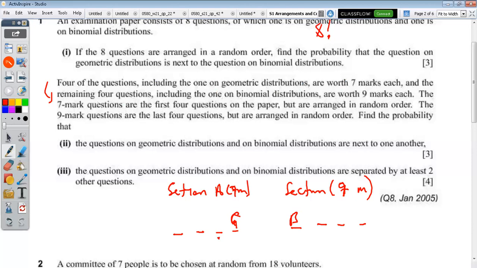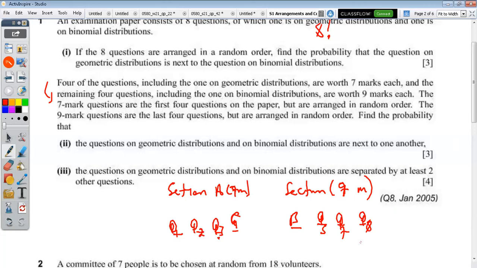Is that making sense? Which means here, for example, I can have question 1, question 2, question 3, then geometric, binomial, then maybe question 6, question 7, and question 8, something like that. Clear?